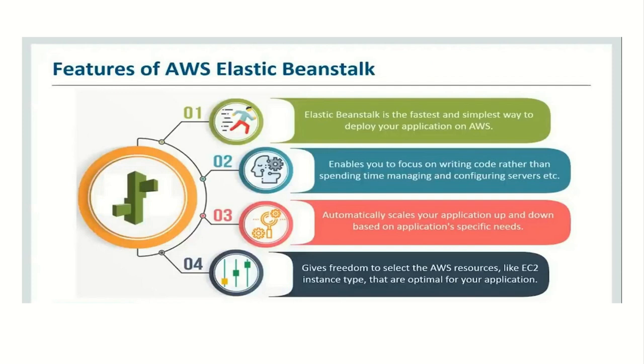The rest of the configuration details and managing and monitoring details will be handled by Elastic Beanstalk. Also, Elastic Beanstalk automatically scales up the AWS resources which it has assigned to our application, based on our application-specific need.